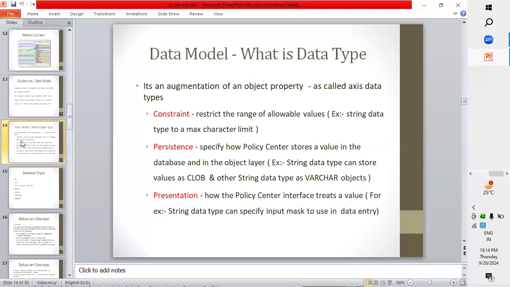For example, a string data type will have a maximum character limit.